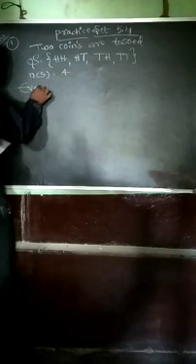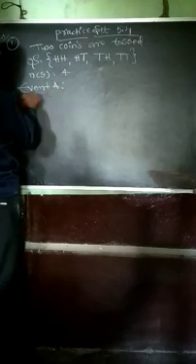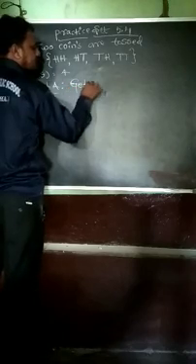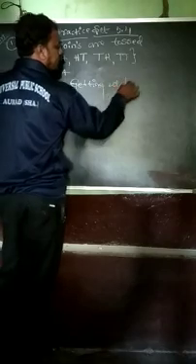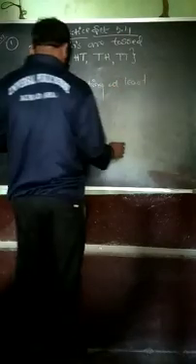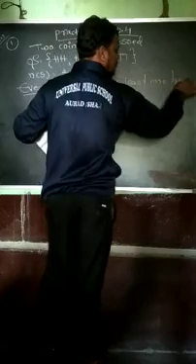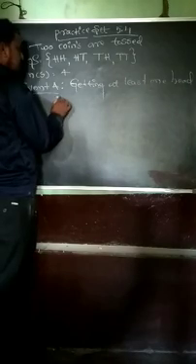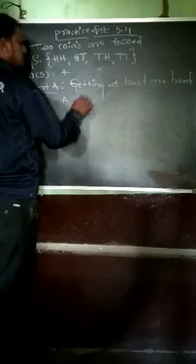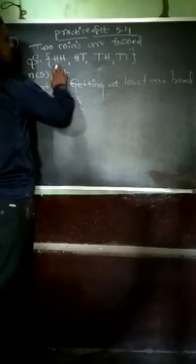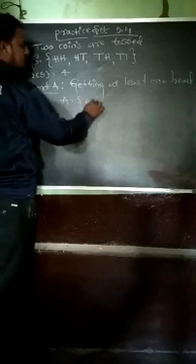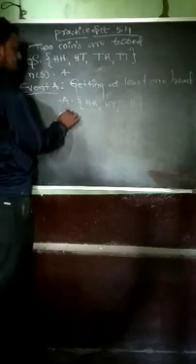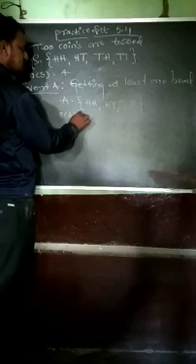So event A, what are we looking at? Getting at least one head. Sample space of an event A, getting at least one head, is HH, HT, TH, right? So n of A is equal to 3.